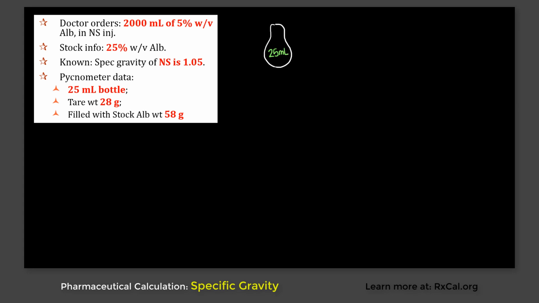All right, so the blank weight, the tare weight of the pycnometer is 28 grams. And the weight of pycnometer plus albumin is going to be 58 grams.